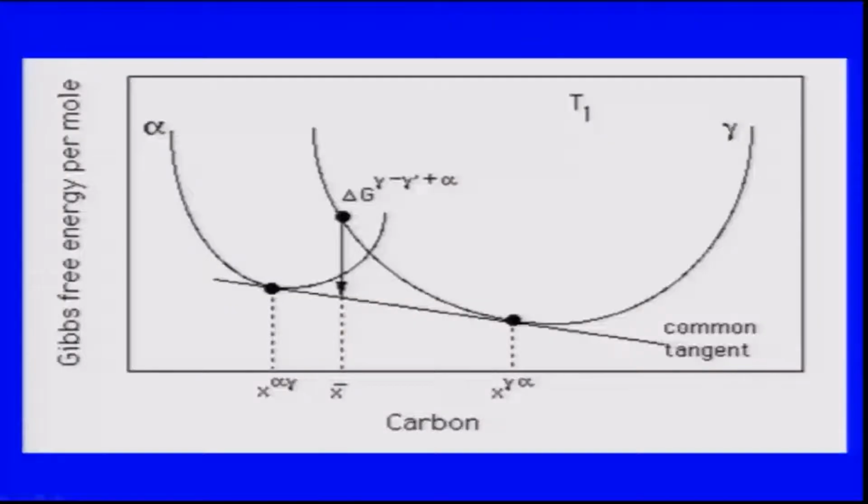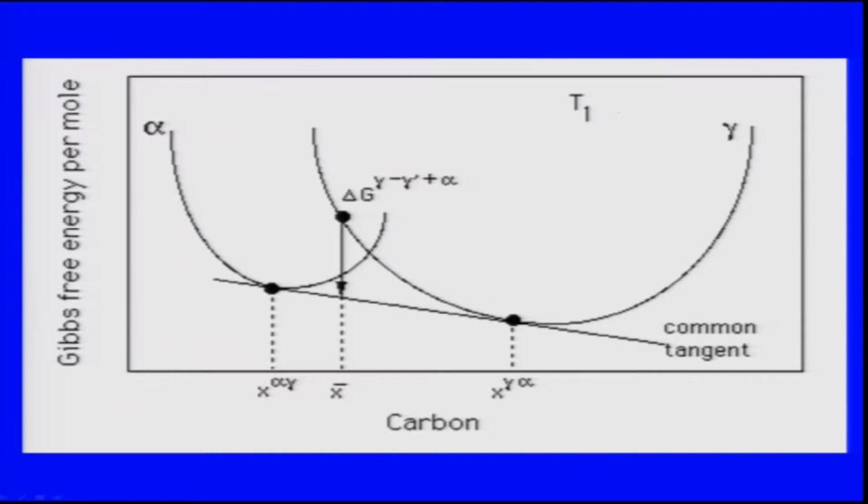So, how can I show this in a very nice and elegant way in plots? Suppose I have G, the free energy curve, and G of alpha is given by this G alpha. You can see both are black actually, one is alpha, the other one is gamma. So, there are two free energy curves which I can easily obtain from Cp values that I showed you in the last class. Now, what I do is a common tangent between them at this temperature T1.